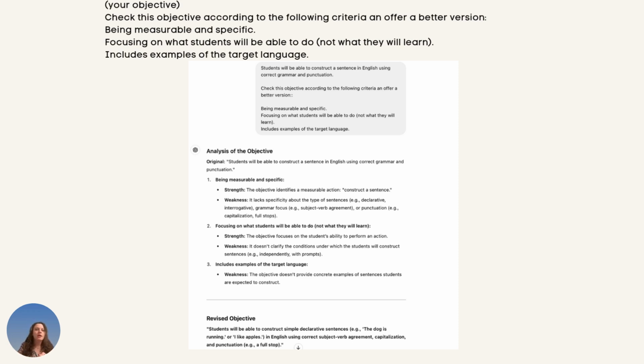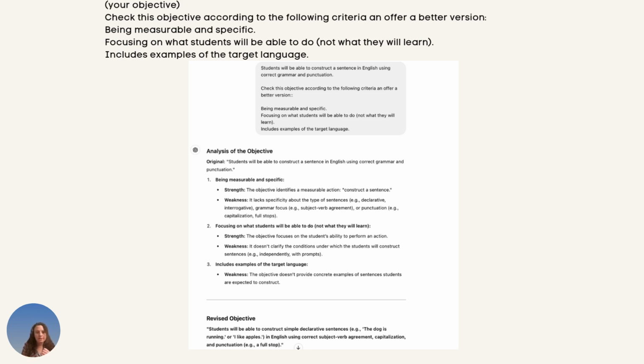For example, here I tried it using ChatGPT. I gave my objective that students will be able to construct a sentence in English using correct grammar and punctuation, and I gave it the criteria. It's up to you, but I wanted to see whether it works with the criteria or not. Maybe you can just tell it, please revise this for me.